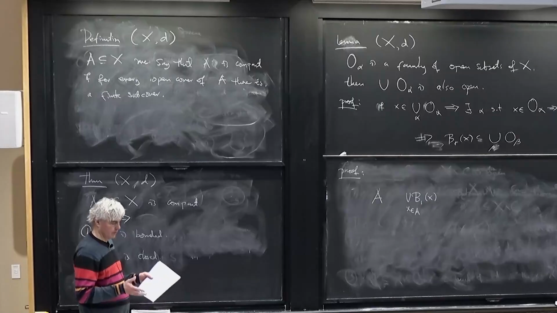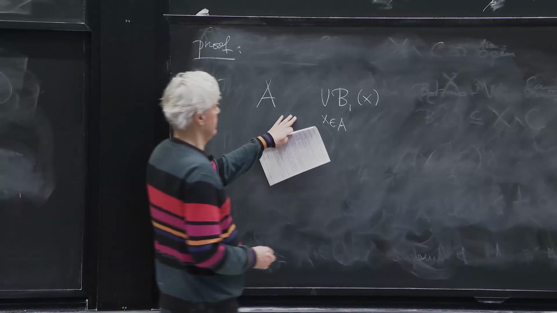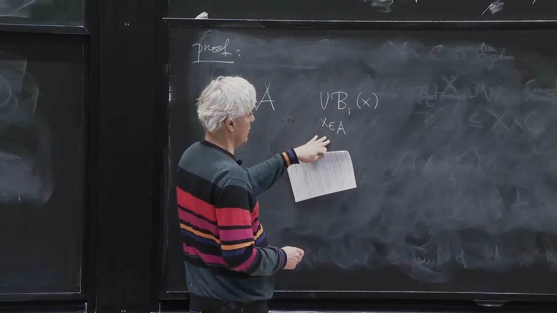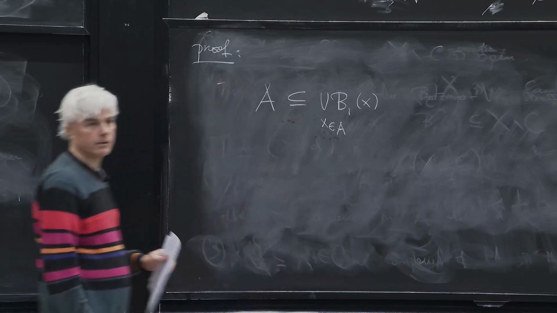First of all, these balls are all open. And of course, the union of these contains in particular all the centers, but the centers are already A. So you trivially have this, right?